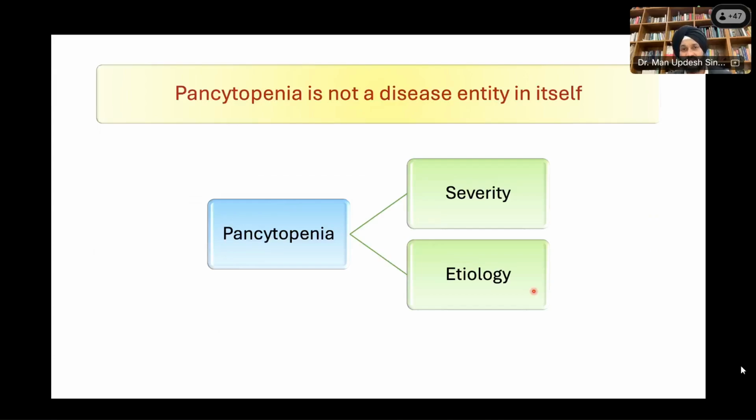You are looking for a diagnosis when a patient comes with pancytopenia. Besides the cause or etiology, the other important thing for management is the severity. So there are two things which clinicians will definitely want to know: what is the cause of pancytopenia and what is the severity, because that may have implications for the patient.